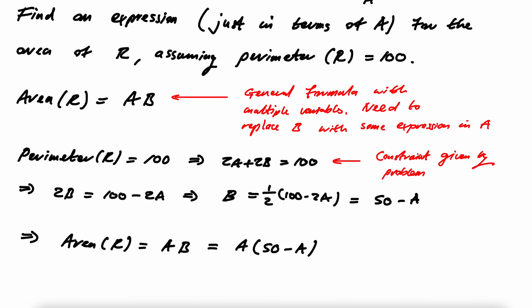So the thing about this is the following. The constraint has somehow eliminated one of my unknowns, and it's reduced the number of unknowns in my general formula from 2 to 1. And as we're going to see when we start to study functions, expressions in a single unknown are very important, right?